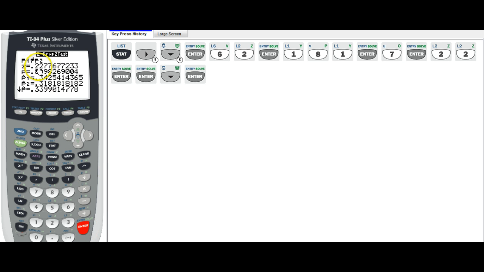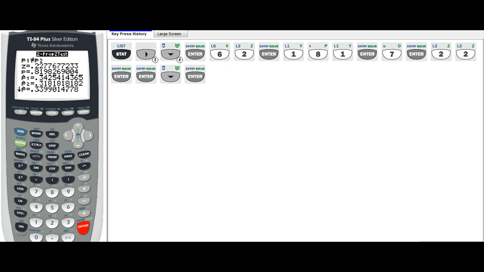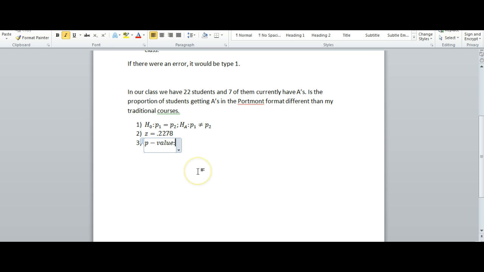A z-score of 0.2278, which implies a p-value of... oh, look at that. That's gigantic. 0.88198.